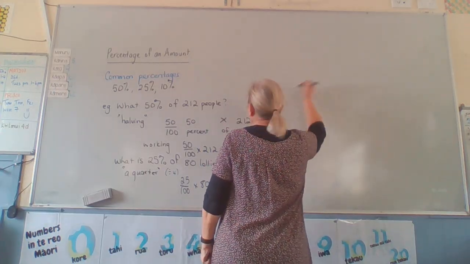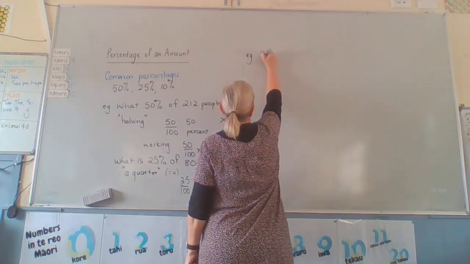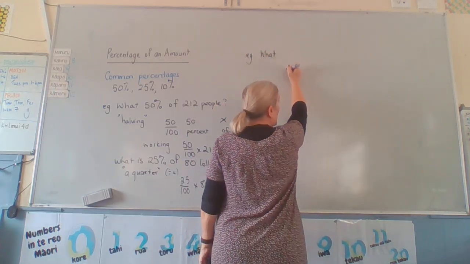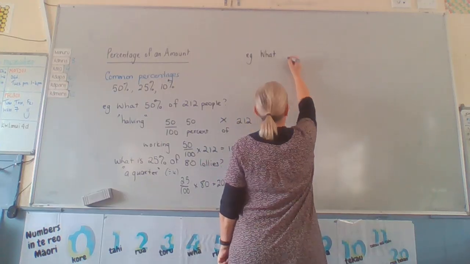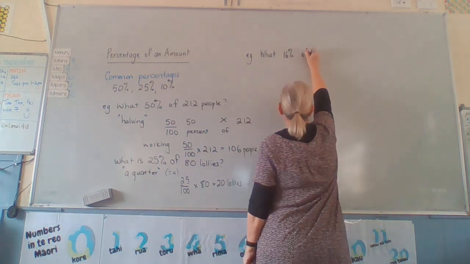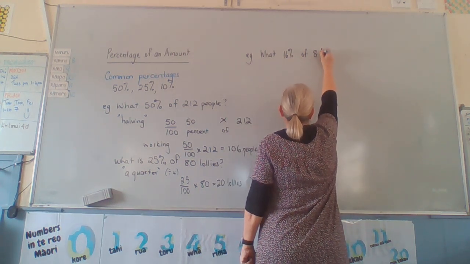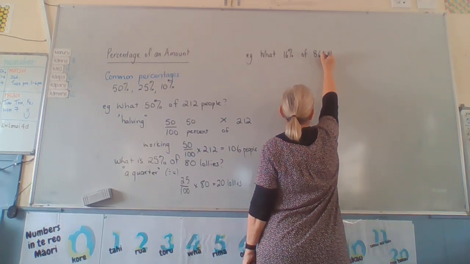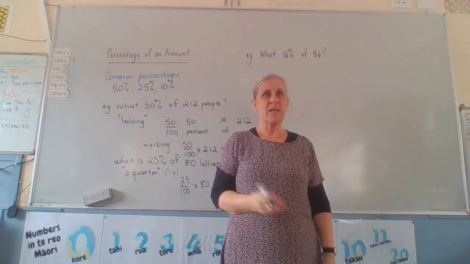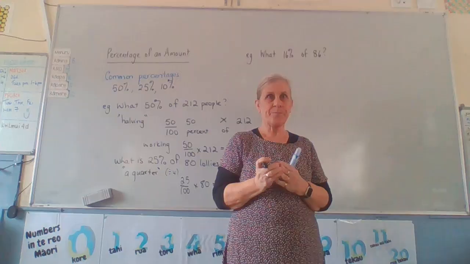So if we raise the stakes and we ask this, let's have a strategy, even though we know the working we would write, because if we had a calculator, we would use this working, for 16% of 86. It's just a number today.